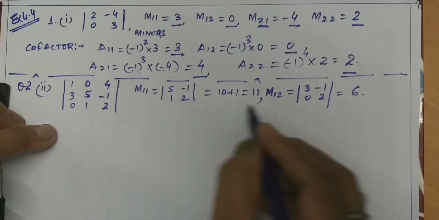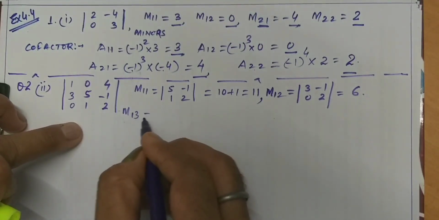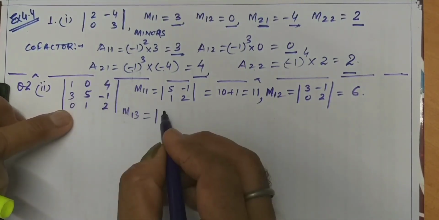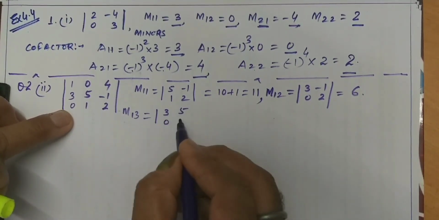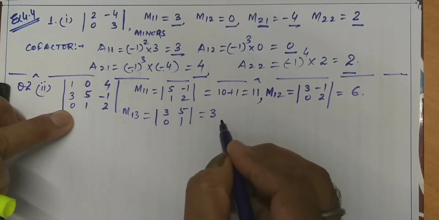Next is M13, which is this 4, leaving this way, we have the subdeterminant 3 5, 0 1, which is equal to 3 minus 0, 3.